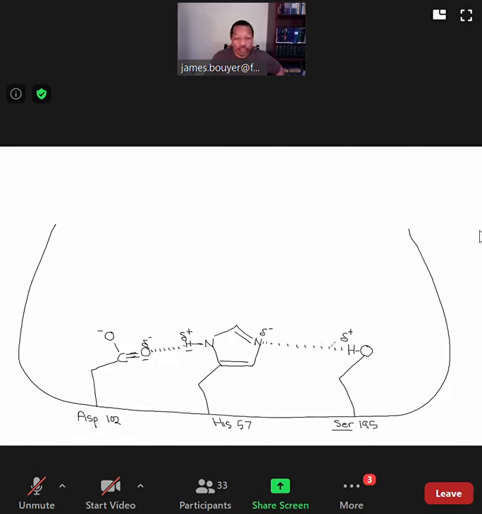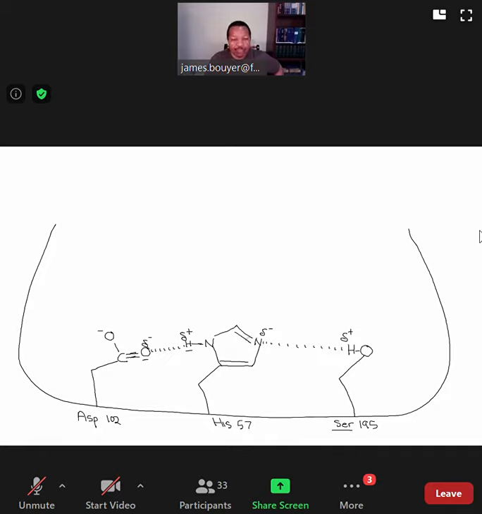The only way the serine is going to lose this hydrogen is for this nitrogen with a lone pair of electrons, not this nitrogen that has a hydrogen bonded to it, to come close enough to this hydrogen to form a new covalent bond. And in order for that to happen, this histidine must be locked in this orientation, in the plane of the board.